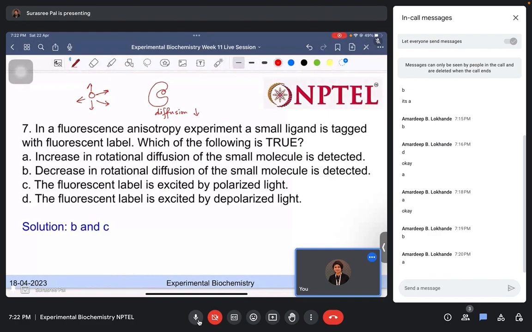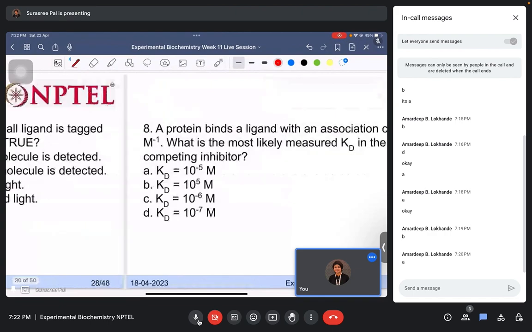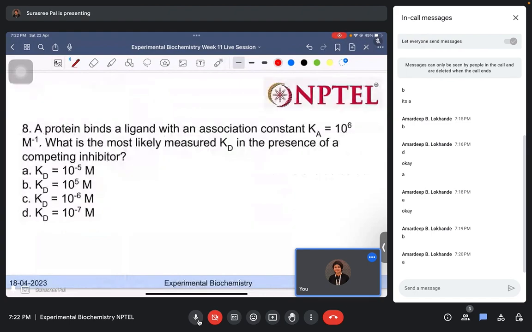The other correct statement is C, the fluorescent label is excited by polarized light, which helps in detection of the decrease in rotational diffusion of the small molecule. B and C are the correct answers. Next question.